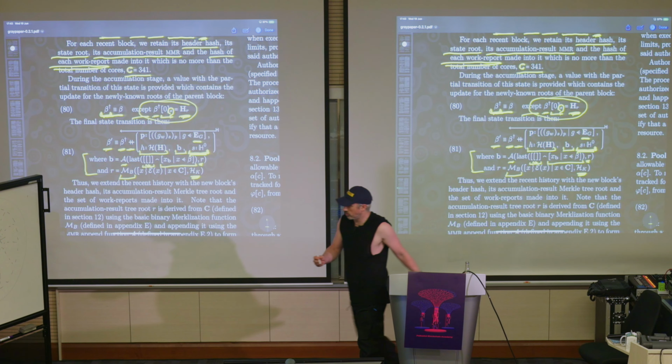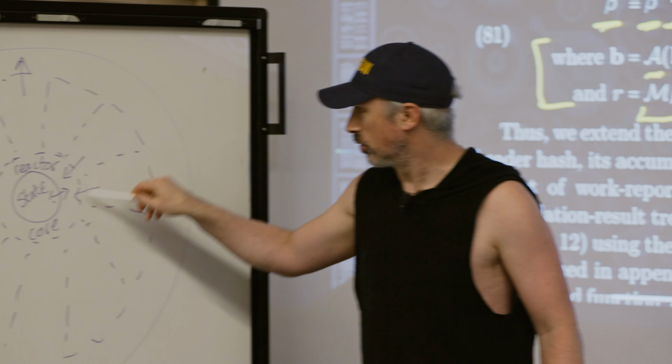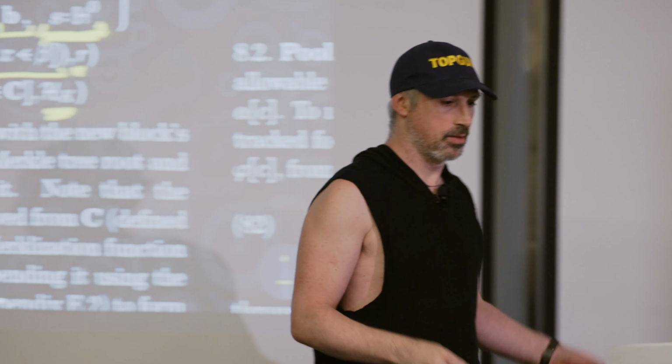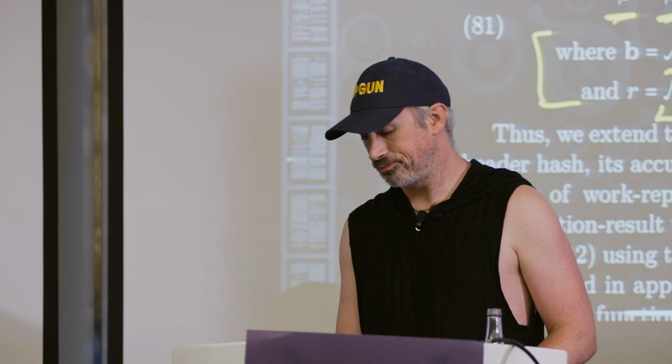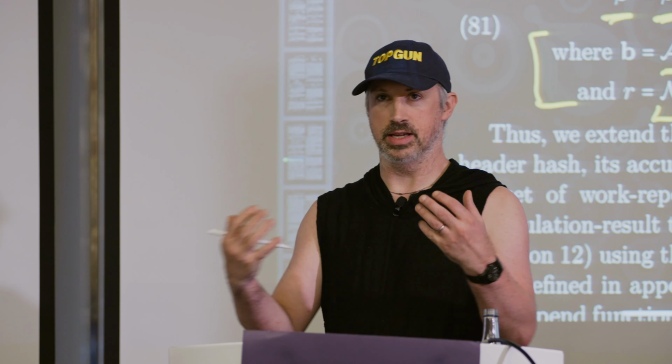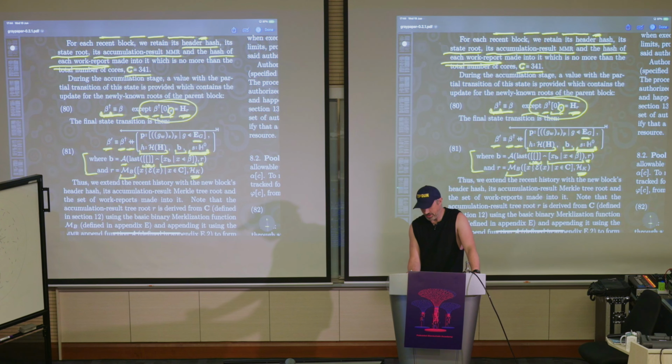All of these reactions that happen in the reactor core may yield some data, a hash basically, and that's what this set C is. We don't define it yet because we define it in Accumulate, which comes later, in section 12, but we're going to pretend that we know it for now.